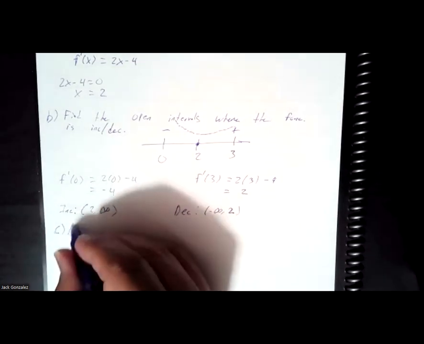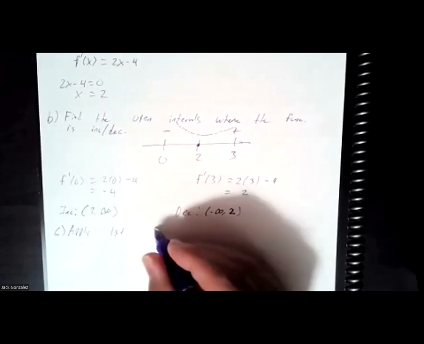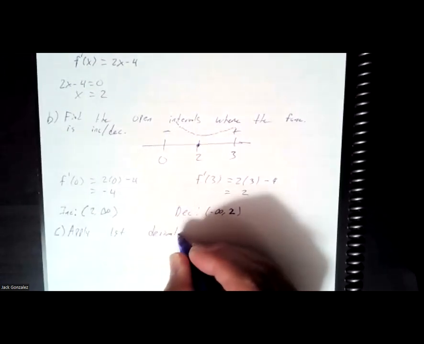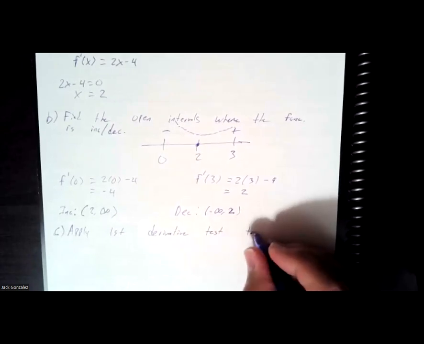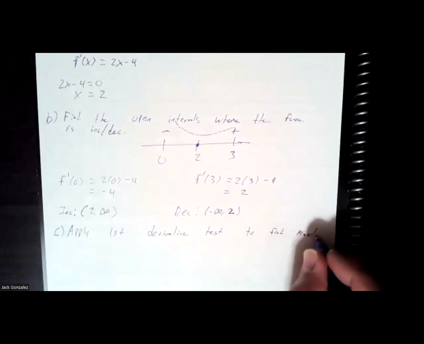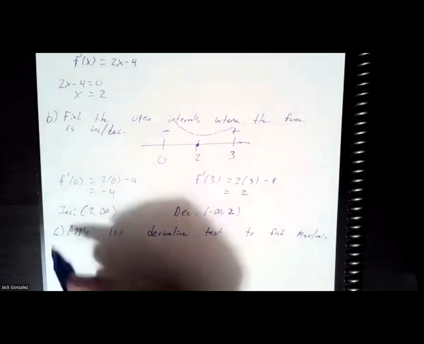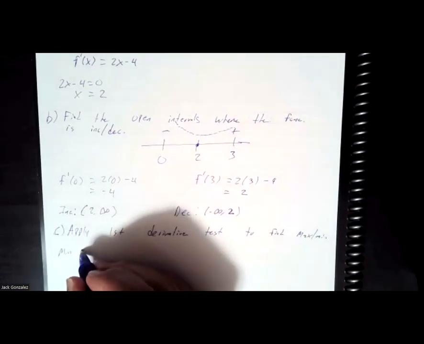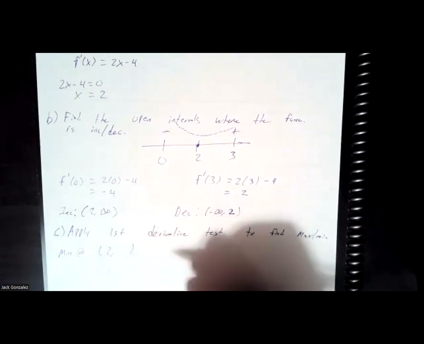Part C. Apply first derivative test to find max/min. So we kind of already see it, right? We're at minimum at 2, comma something.